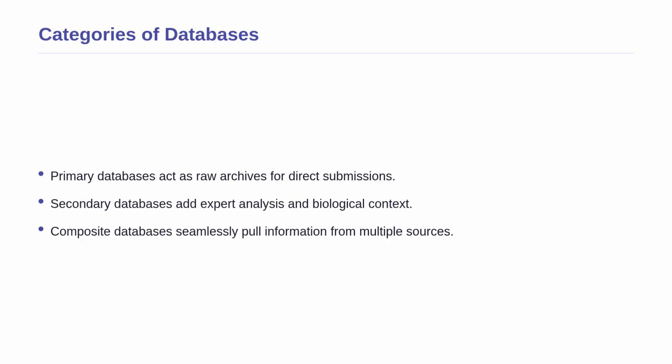Next, we have secondary databases, like SwissProt. These take the raw data and add layers of expert analysis, curation, and biological context to make it much more meaningful. Finally, composite databases act as massive search portals that seamlessly pull information from multiple primary and secondary databases at once, giving researchers a unified view.